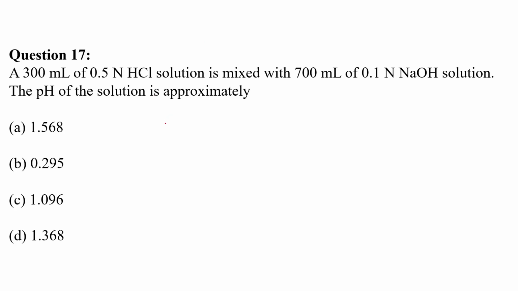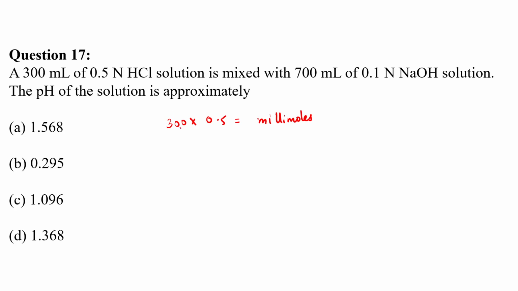So we have 300 ml of 0.5 normal HCl. That means what would be the moles of HCl? If I multiply 300 by 0.5, we will get the answer in millimoles, right? We'll get the answer in millimoles because I am taking the volume in milliliters.